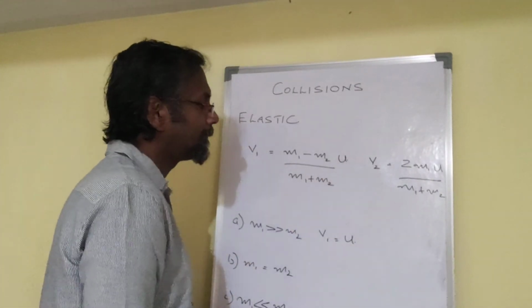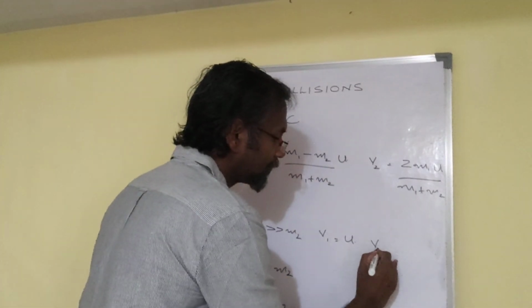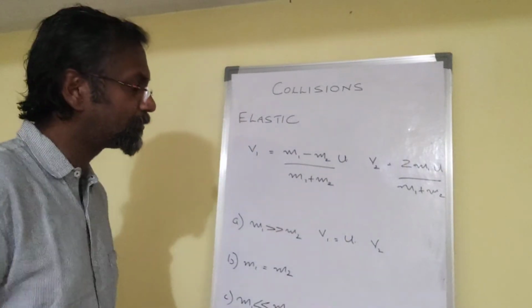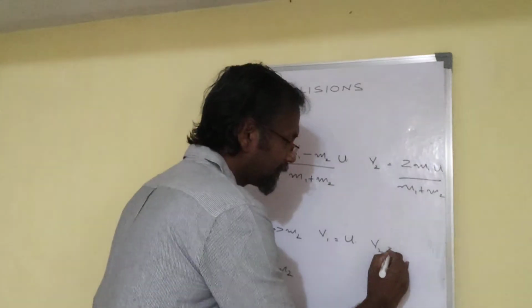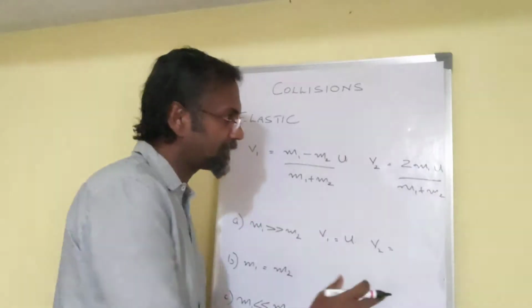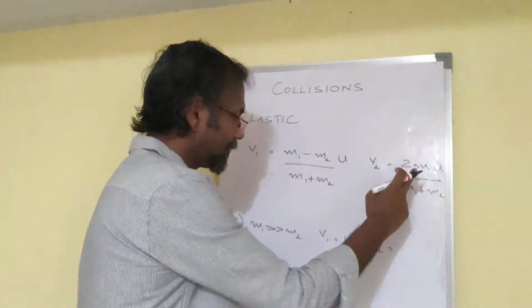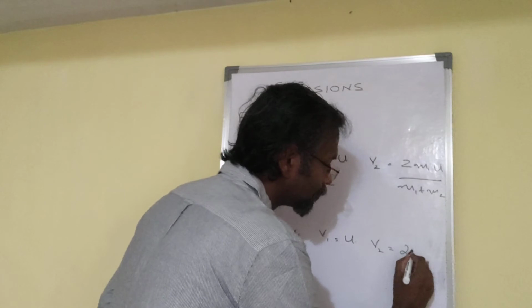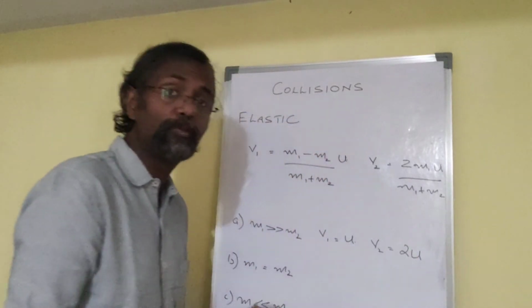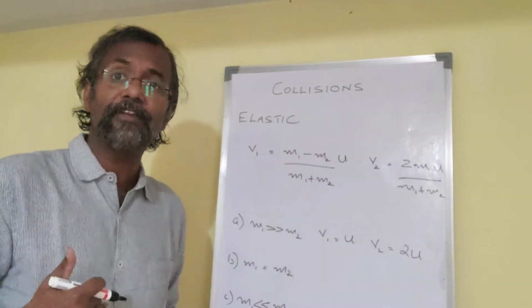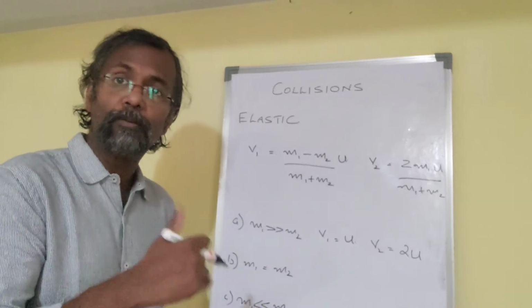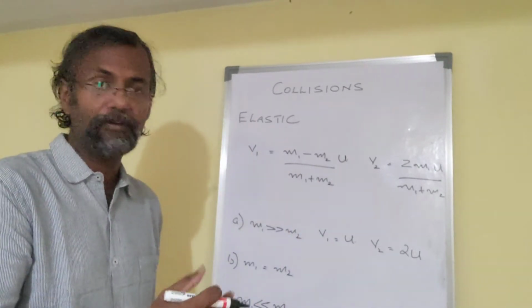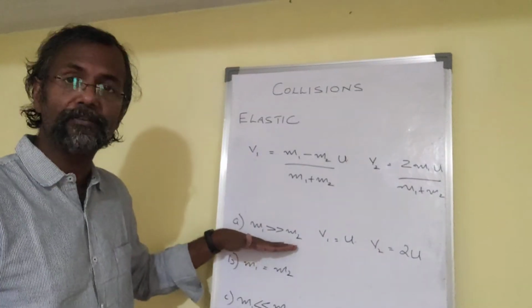What about the second body, the table tennis ball? Here M1 is much greater and M2 is negligible, so you find V2 being 2U. That is, M2 moves with double the initial velocity of M1. So this happens in a scenario like this.